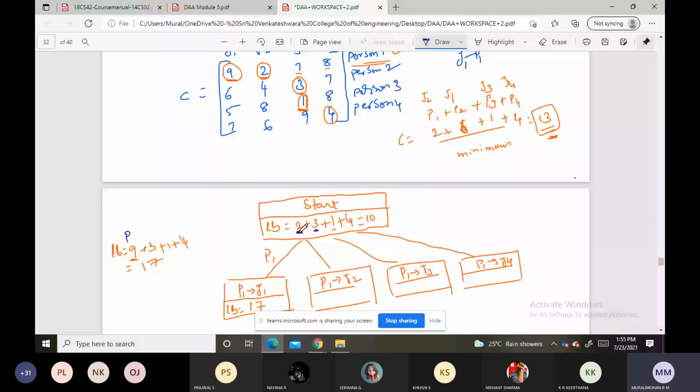Now if person 1 is assigned job 3, then 7 plus 3 plus 1 plus 4.